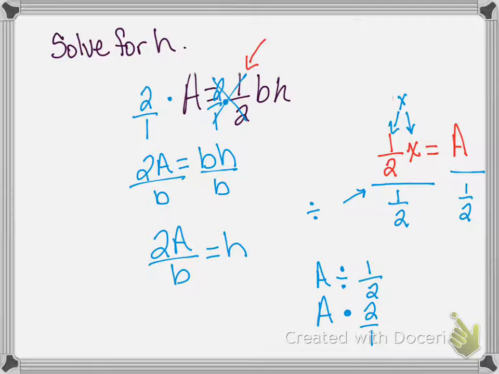So what I did, in order to get rid of this 1/2 right here, I multiplied by 2 over 1. So 1/2 times 2 over 1 cancels out and I'm just left with 1. So that's how I get rid of everything on the right-hand side. Because I multiplied the right-hand side by 2 over 1, I have to multiply the left-hand side by 2 over 1.